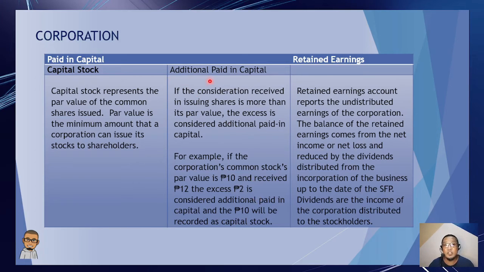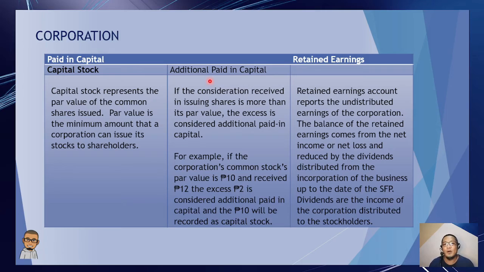Yun lang naman tatandaan eh. Tatandaan mo ano ba ang ibig sabihin ng par value. Pag naalala mo anong ibig sabihin ng par value na nire-record mo sa capital stock, you will be able to remember ano ba yung additional paid-in capital, di ba?